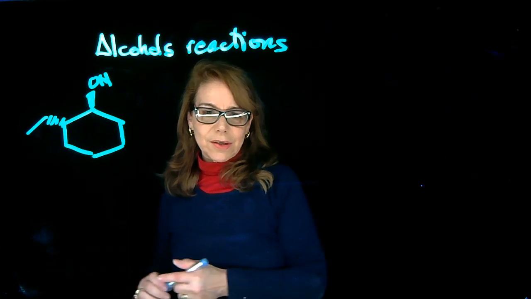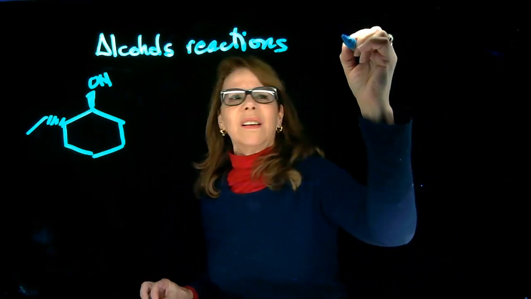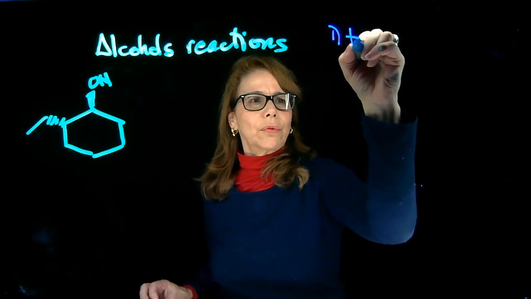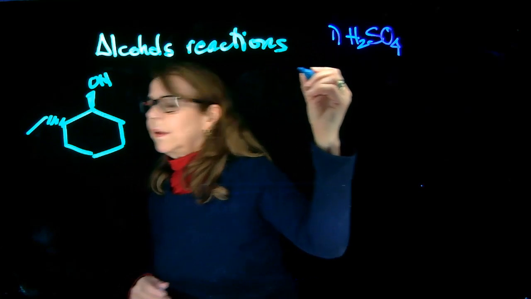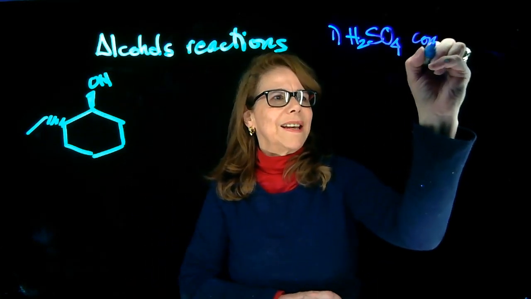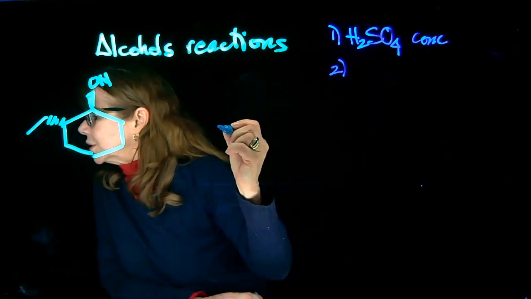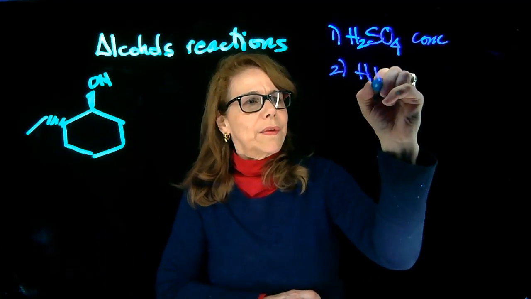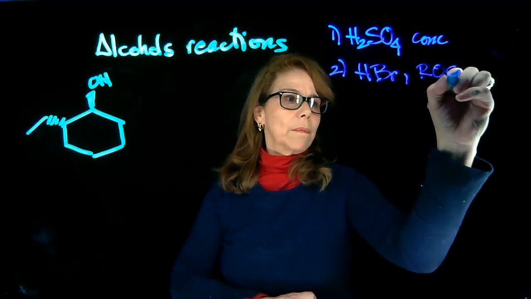And the series of reactions that I have here, the conditions are the following. First, we're treating the molecule with my reagent, sulfuric acid, concentrated. Second reaction is hydrobromination, but in the presence of peroxide.